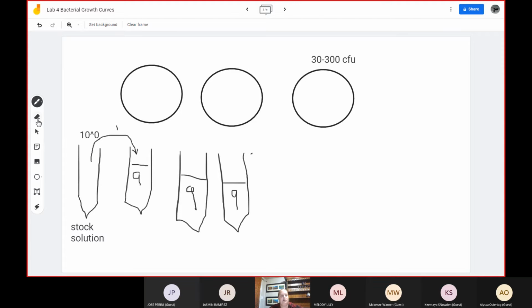So in this case, our dilution factor now in this tube is going to be 10 raised to the 1, because we've just diluted our tube, and so our dilution factor is 10 to the 1.